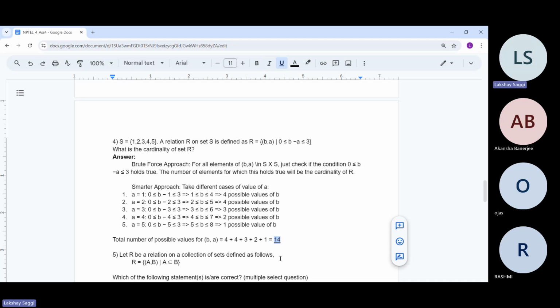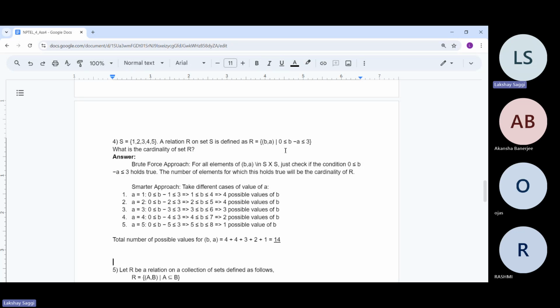So yeah, and you can easily list out those values for which this holds true. When A was 1, the four possible values of B were 1, 2, 3, 4, right? So (1,1), (2,1), (3,1), and (4,1).